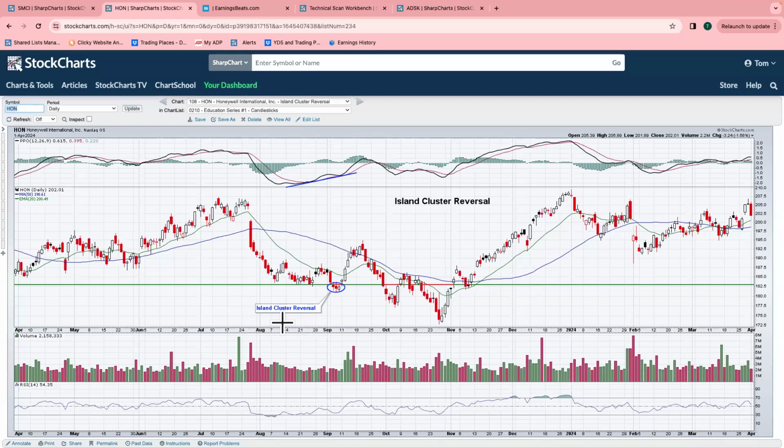Island reversal is reversing and leaving one candle on an island. Island cluster reversal is gapping down and going sideways for a period of time. It could be two or three days. It could be a week. Sometimes I've seen it a month or more. But you gap down, you trade sideways for a while, and then you gap back up, and you leave all of that cluster on an island by itself, and then reverse back up.